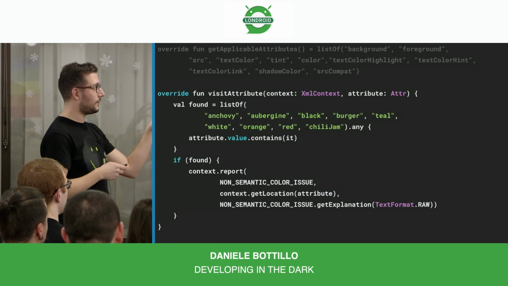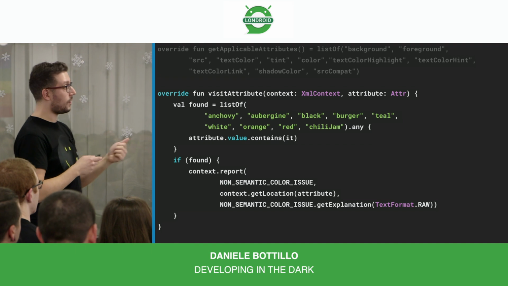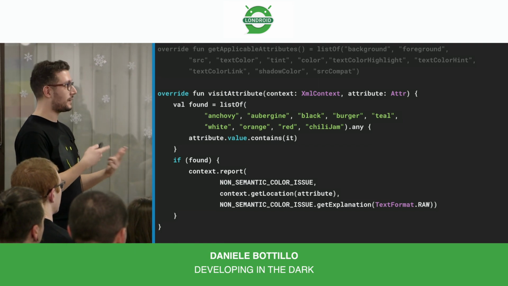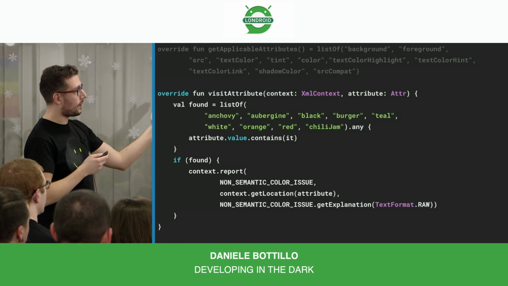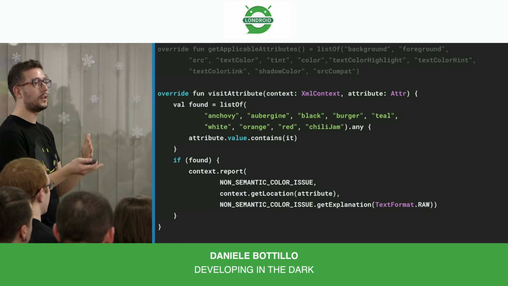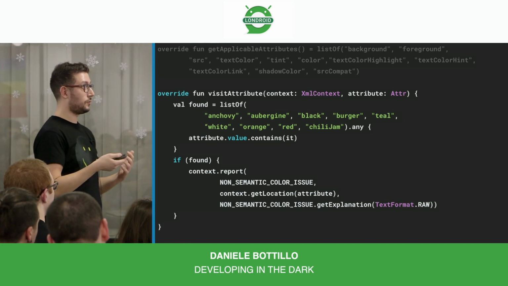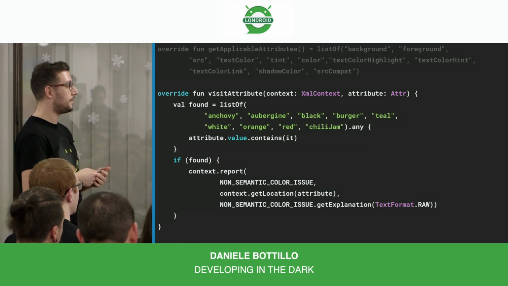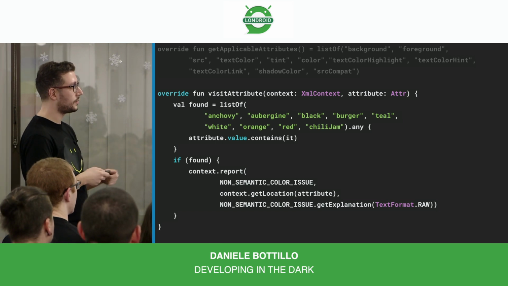I just removed some of the colors, but you can see that it's checking against orange, red, black, all the colors that you know don't make sense in night, but also some of our custom colors like aubergine, burger, teal, which are defined by our design system. So those should also not be allowed because probably they will not have a night version defined. And then again, if you find one, you just report the issue.